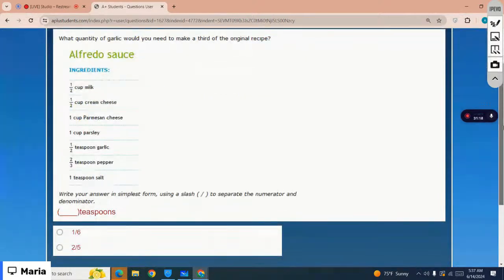So when it's the third recipe, it would be 1 over 6. The correct option is option number 1. The correct option is 1 by 6.